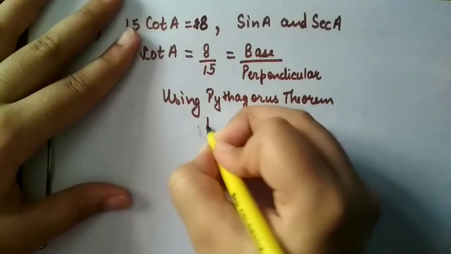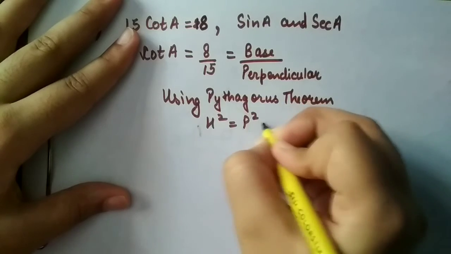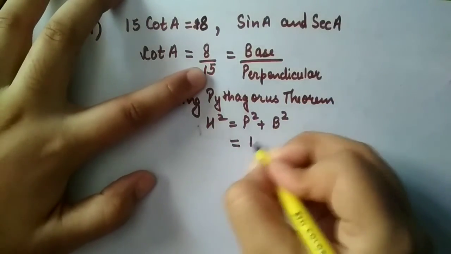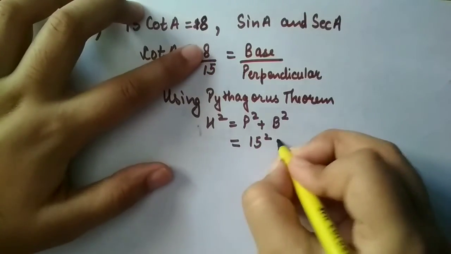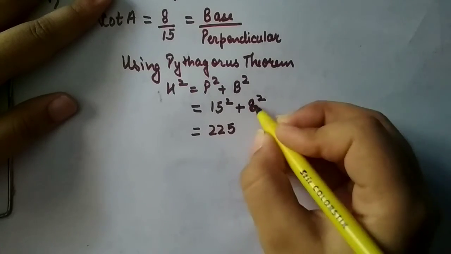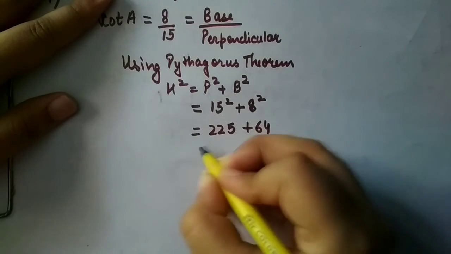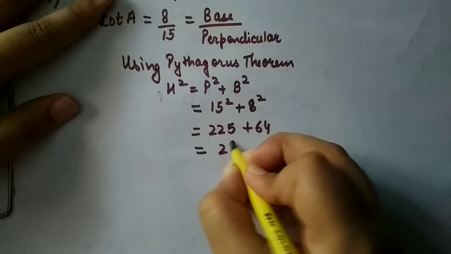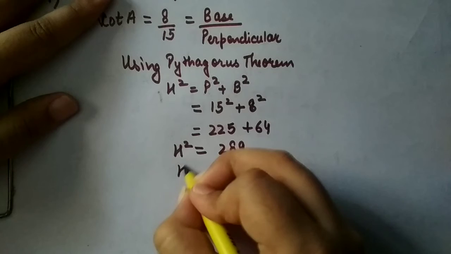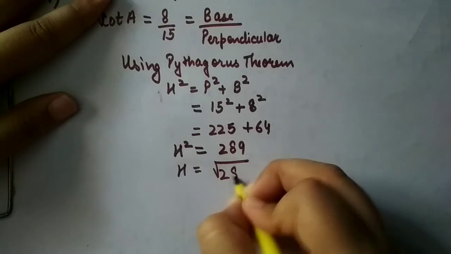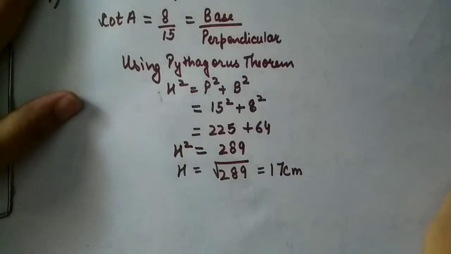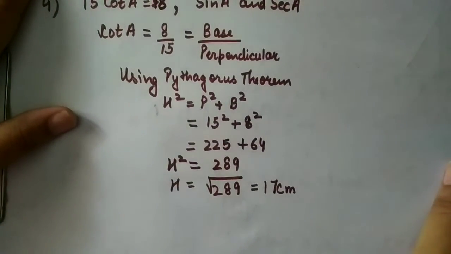Hypotenuse square is equal to perpendicular square plus base square, and here perpendicular is 15 and base is 8, so 8 square. 15 square is 225 and 8 square is 64. On adding you will get 289. So hypotenuse square is equal to 289. It means hypotenuse is root 289 and root 289 is 17. So the length of hypotenuse is 17 centimeter.